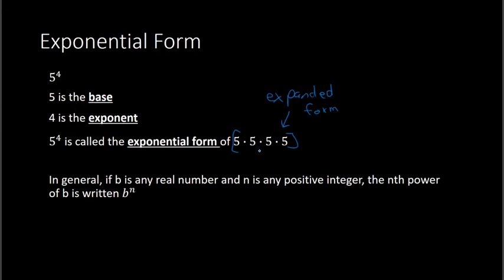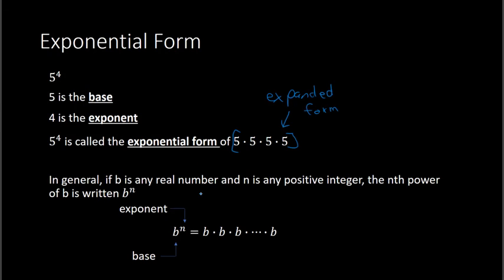So in general, if b is any real number and n is any positive integer, the nth power of b is written as b to the n power. So b with an n for your exponent. So in math notation, we have here b to the n power equals, and then you keep multiplying b over and over again. So b would be your base, and then n would be your exponent.